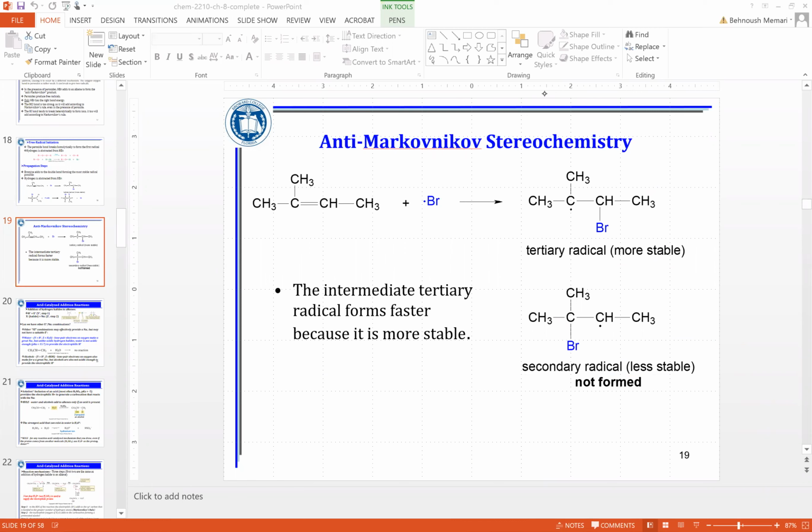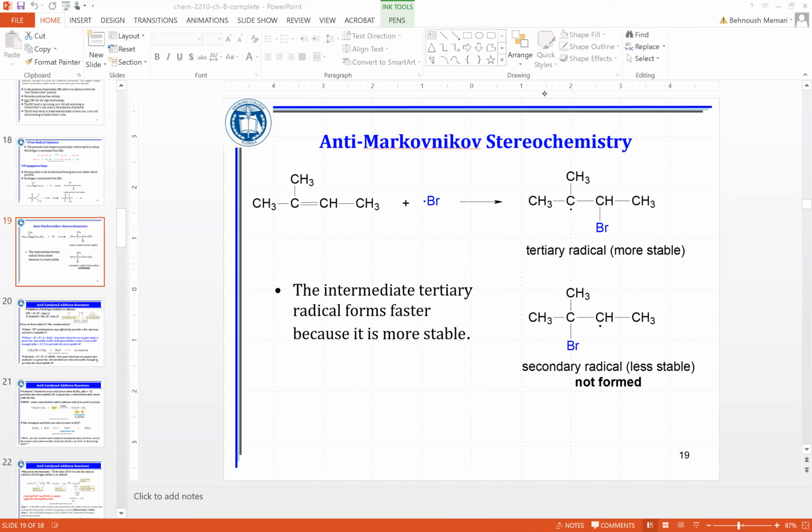The rule for Markovnikov and anti-Markovnikov is just going to help you expand your knowledge to other reactions. But what doesn't change is the rule that the tertiary carbocation is more stable than secondary carbocation, more stable than primary, and primary carbocation doesn't form because it's not very stable at all.